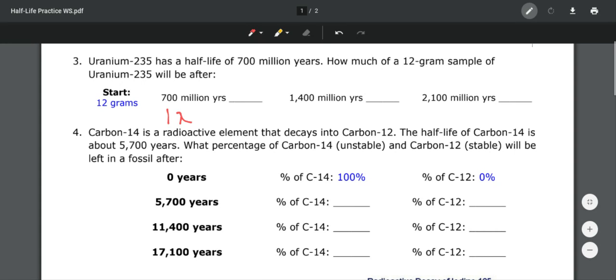That's one half-life, so that's going to be 6 grams. Sorry, I don't have the best stylus here. 1,400 million years, that's going to be 2 half-lives. So I'm going to take half of what's left. That's 3 grams. And I can keep going. That's 1.5 grams.